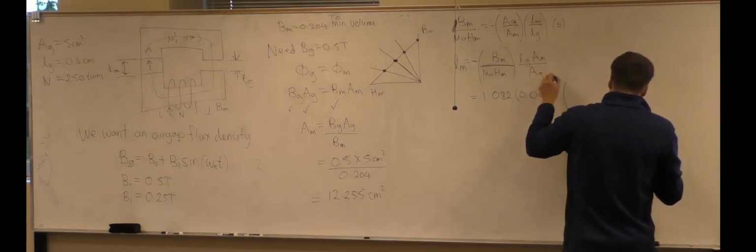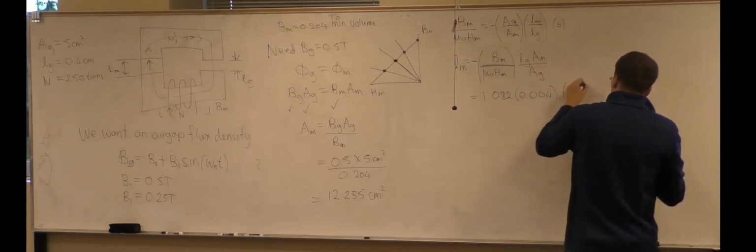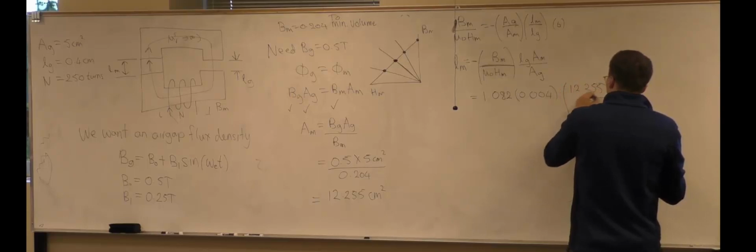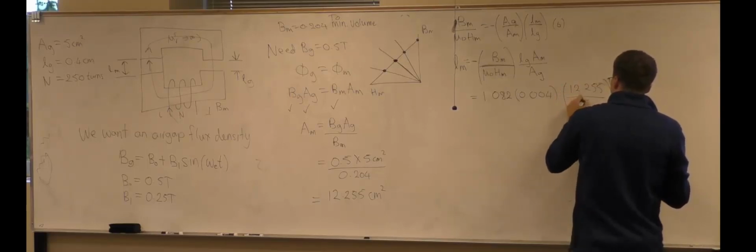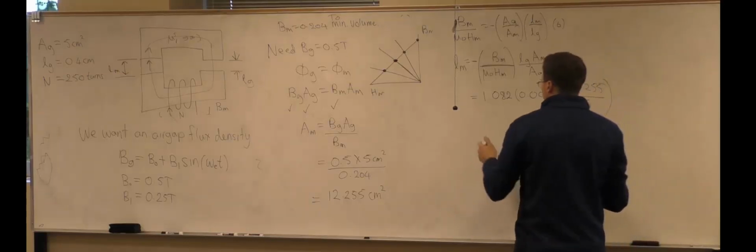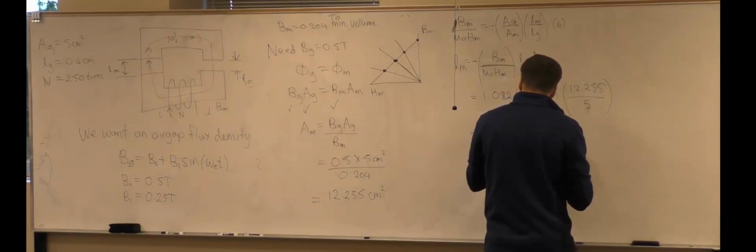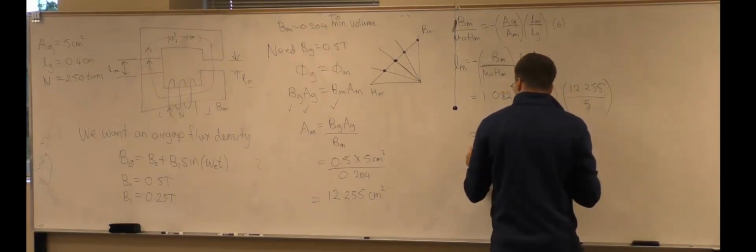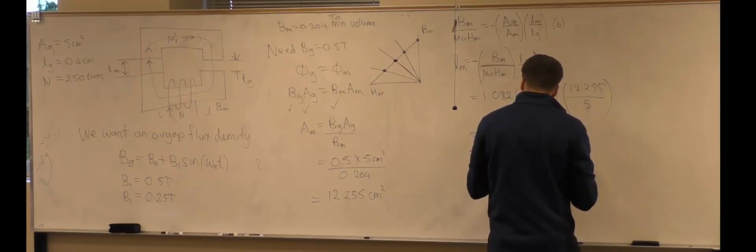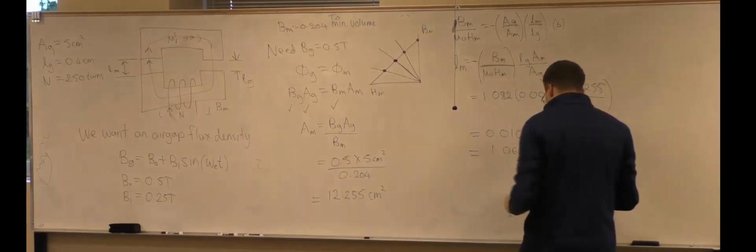We found AM, that was 12.254, and the AG is 5. So that gives us 0.0106 meters, or 1.06 centimeters for the length.